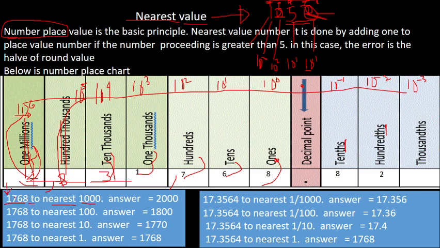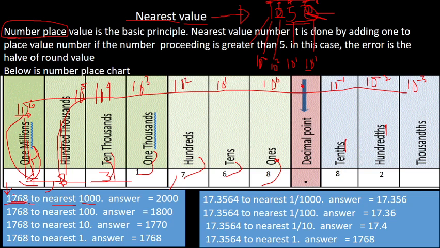Look at this number here. Since this number is greater than 5, you will approximate it to 1 and add it to this. Any number after that base of 1,000 will be 0.